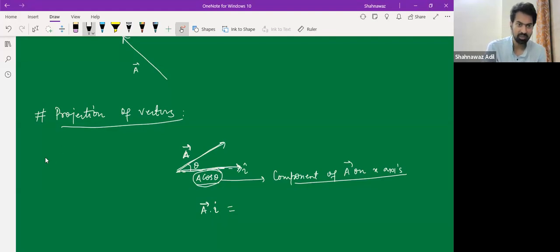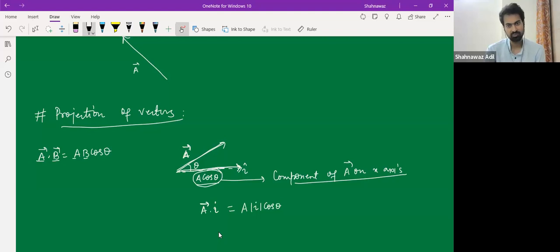Let me ask you this question, guys. This will solve your doubt. So A, B, cos theta. Now, can you tell me A dot I hat, how much that is? So A dot I is A magnitude, I magnitude, cos theta.